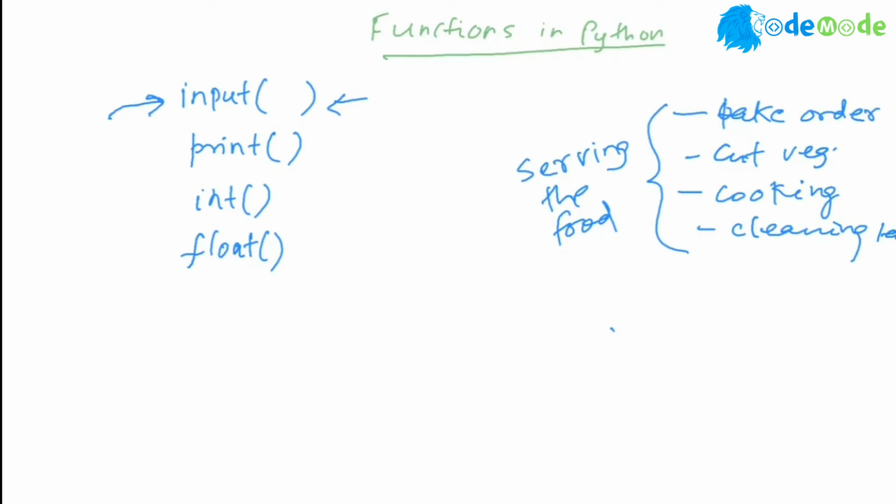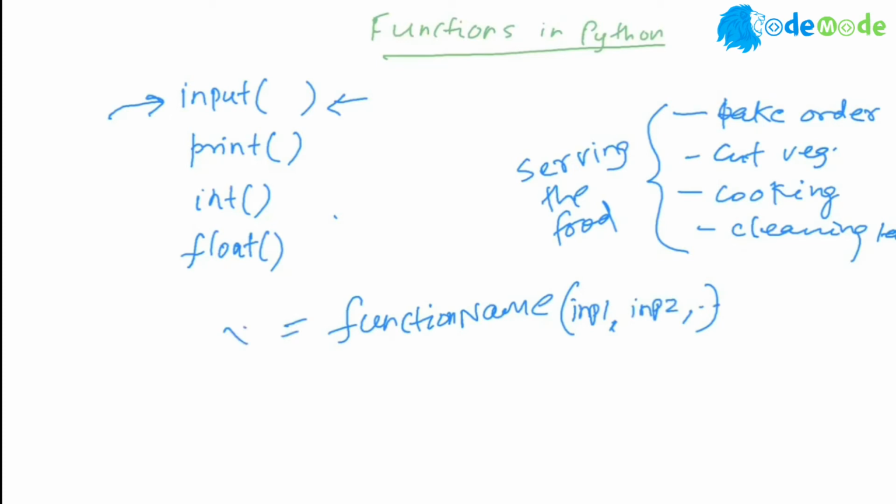So in Python, you use functions in a couple of ways, but primarily it's a function name, parenthesis, and one or more inputs here. You can say input 1, input 2, comma separated, one or more inputs, and this gives you some output.